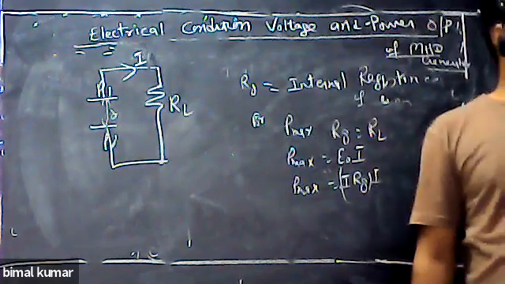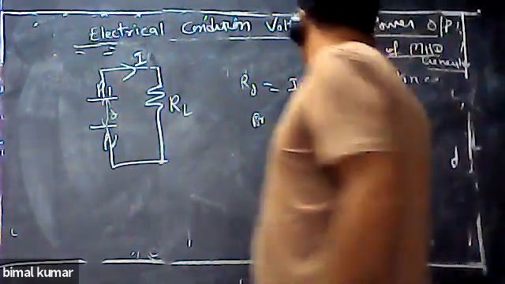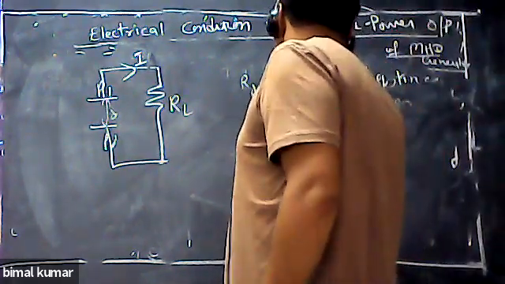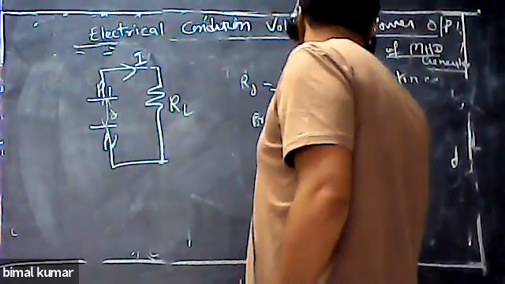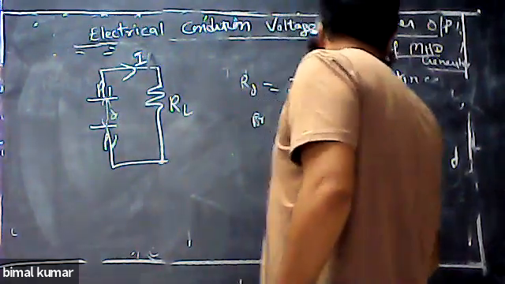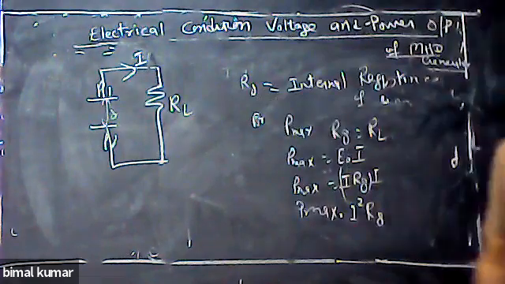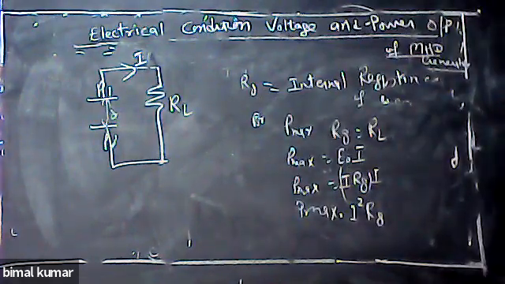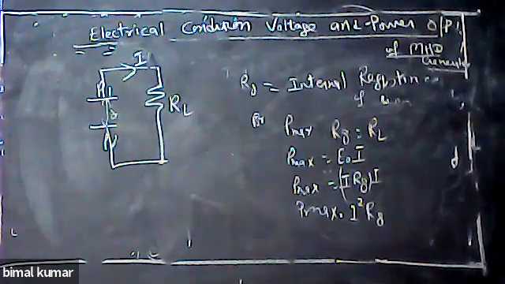So your equation will become P maximum is equal to I square Rg. Right? Now, what is the amount of the maximum power?